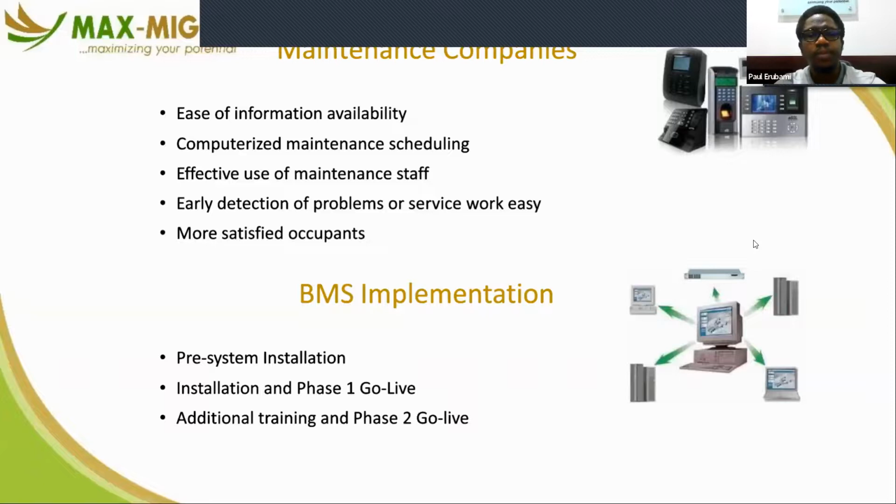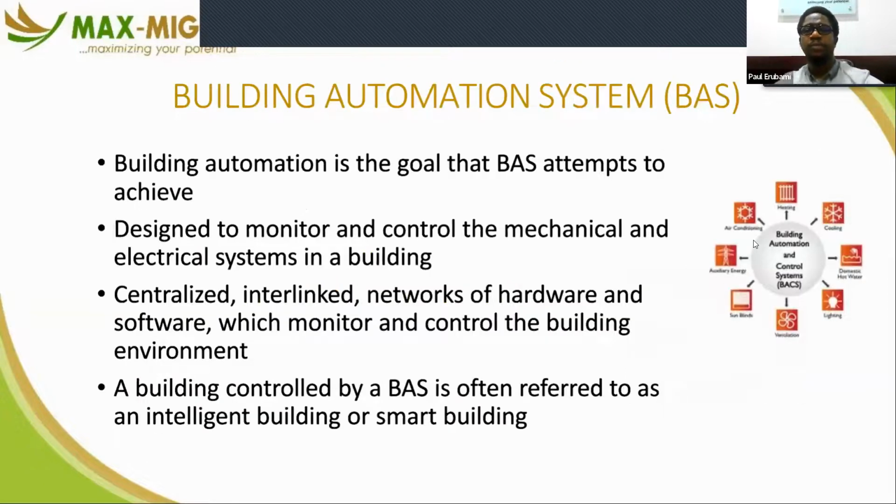Okay. Now, a building that has a BMS is not a smart building. It's a building that can give me information and gives me access to controlling from a central point. But a building that has a building automation system is a smart building.